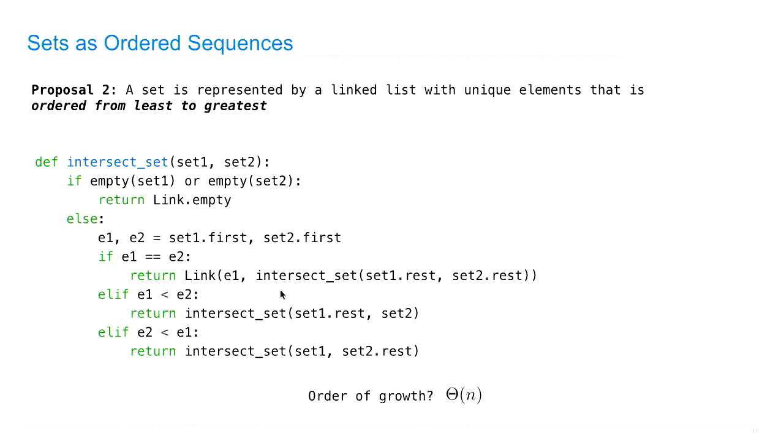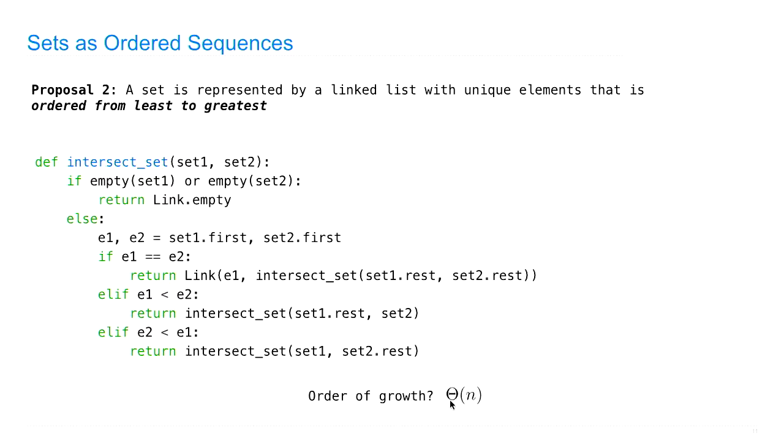We keep it in the result. But the point is, we make progress in either one of the lists or the other. So we're going to have, at most, a number of recursive calls that's the length of set 1 plus the length of set 2. And adding n plus n just gives you 2n, which is the same as n in orders of growth.